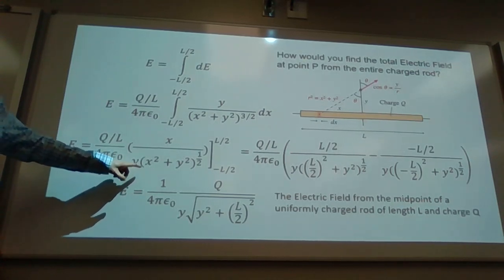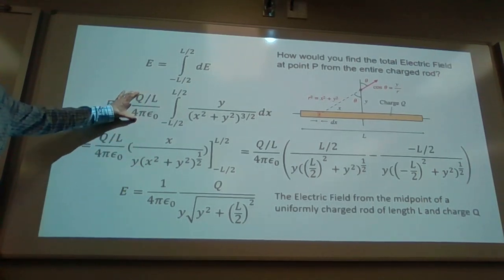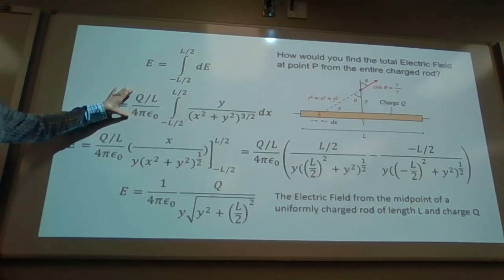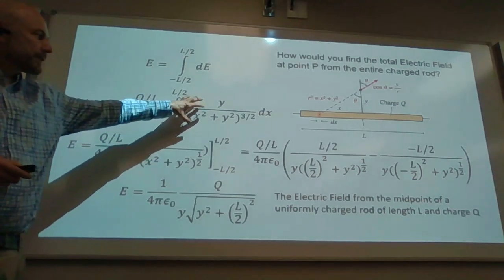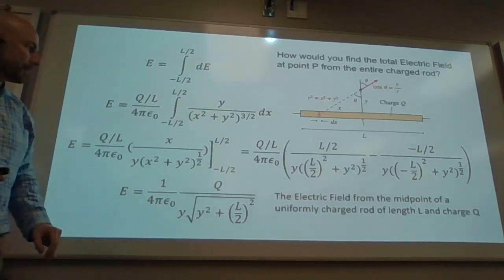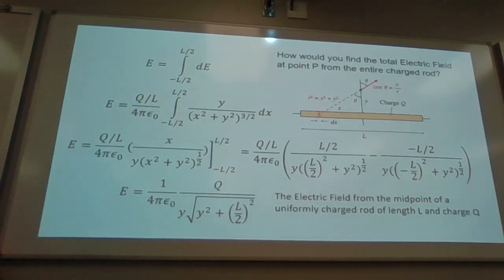All right, so we pull out all this. This is all constant. Okay, the only thing left is this stuff. Y is technically a constant. It is, but I think we're going to use it for integration.